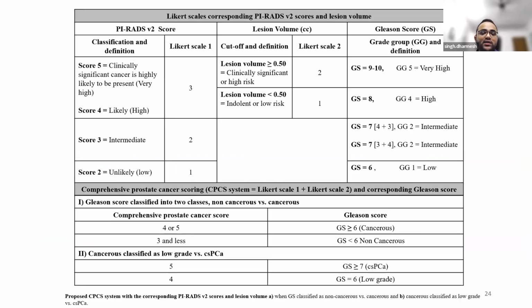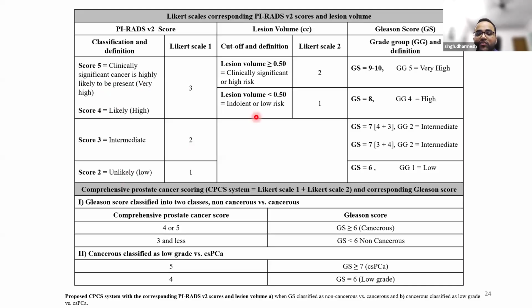The lesion score is basically the histopathological grade for the prostate cancer. Here we assign PI-RADS: suppose if score 5 is there, we assign Likert scale 3, and after that score 2 is assigned intermediate grade and score 1 is assigned low grade.